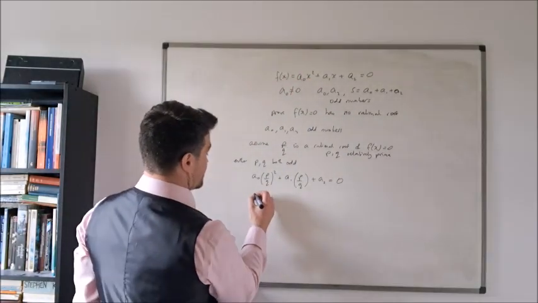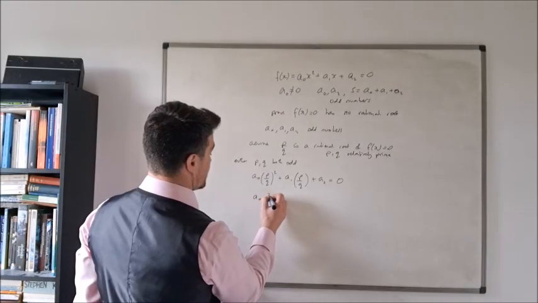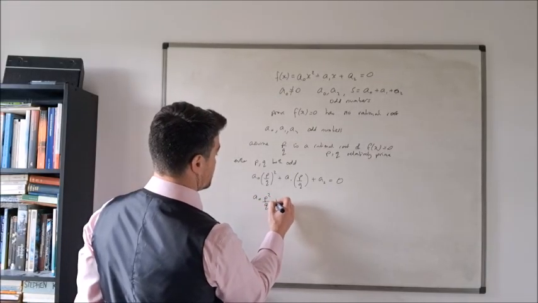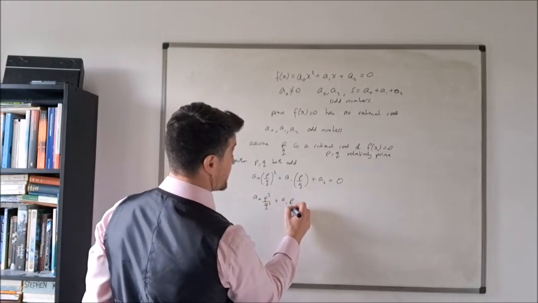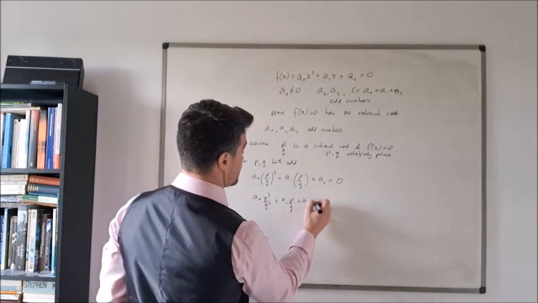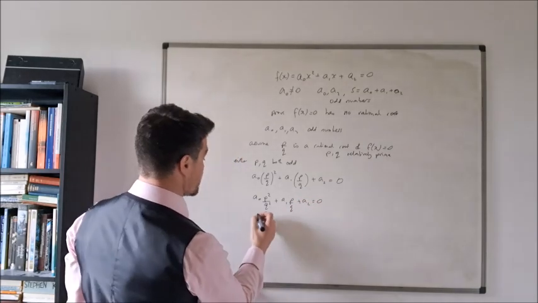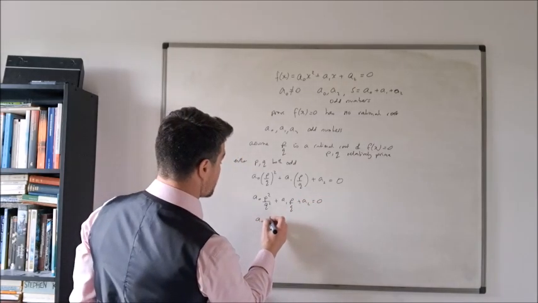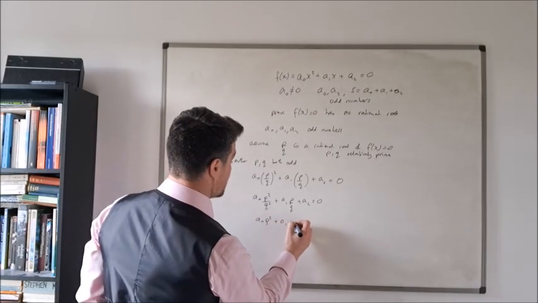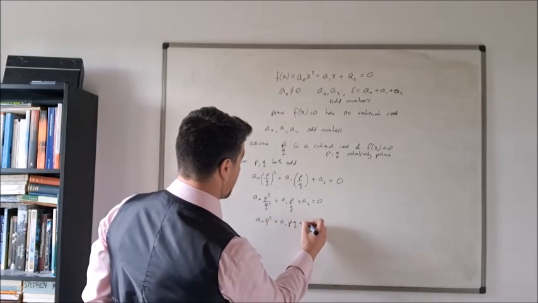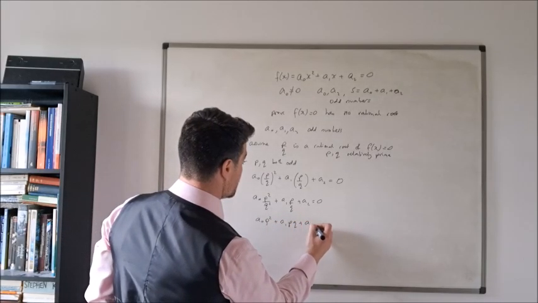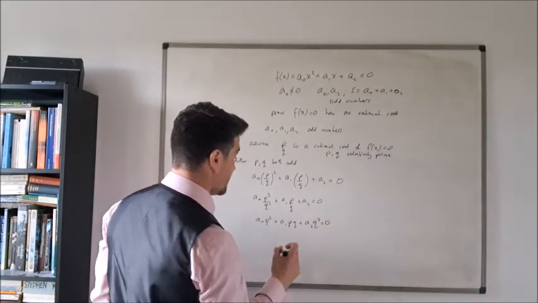So that means that A0 P squared over Q squared plus A1 P over Q plus A2 is equal to 0. Multiply through by Q squared. We get A0 P squared plus A1 PQ plus A2 Q squared is equal to 0.